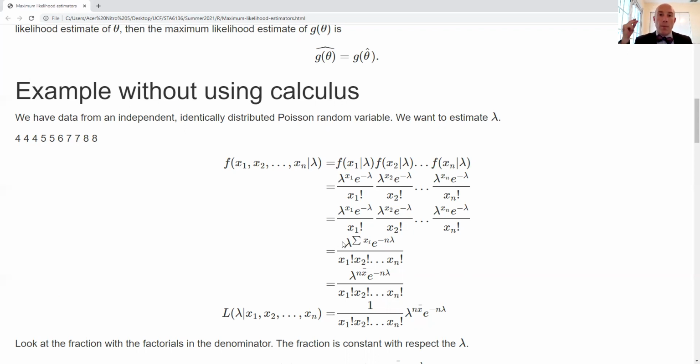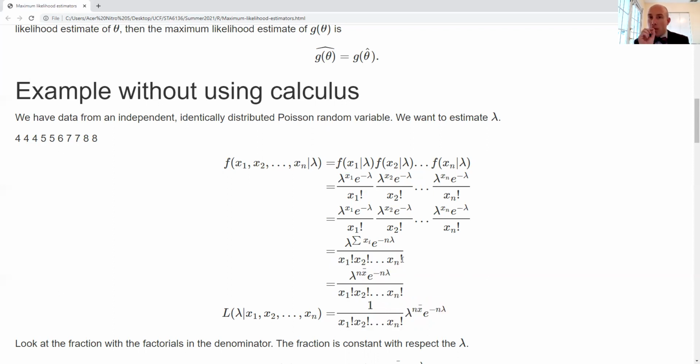Easy peasy lemon squeezy. Now I see that I've got e to the negative lambda over and over. I'm multiplying them together. When I have the same base, multiplication is just summation of the exponents. So I know that I have e to the power of negative n lambda. And now here on the bottom, I have a factorial, a factorial, a factorial all the way across. I'm just going to multiply those all the way through.